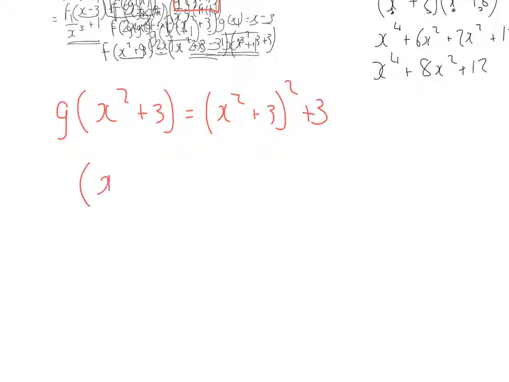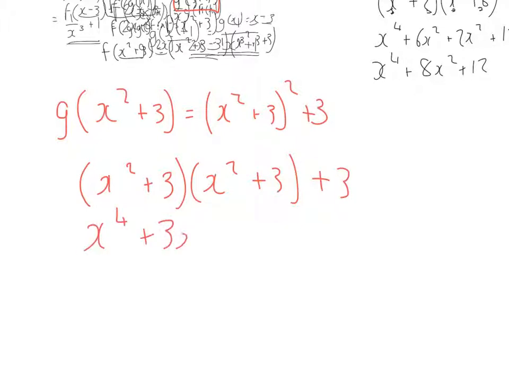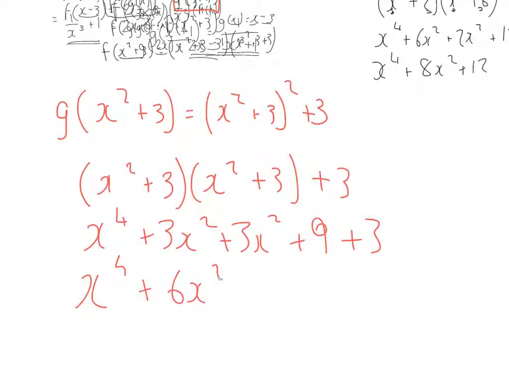So that's x squared plus 3 times x squared plus 3, and I need to add on a 3 at the end. So that will be x to the 4 plus 3x squared plus 3x squared again, plus 3 times 3 is 9, plus 3. I can tidy that up. That will be x to the 4 plus 6x squared plus 12.